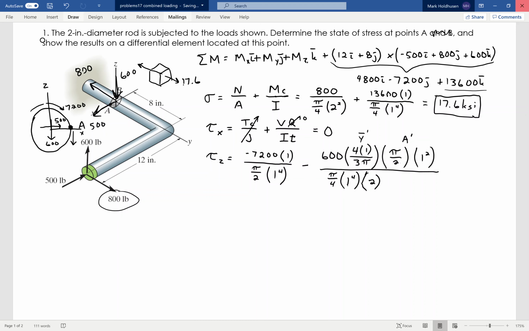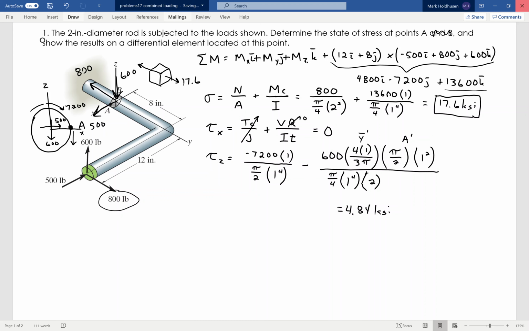These are both going down, so that shear stress is going down at this surface. Remember, this is on the back side of that. So when I draw this, it'll hopefully make sense. And that tau z then equals 4.84 KSI.